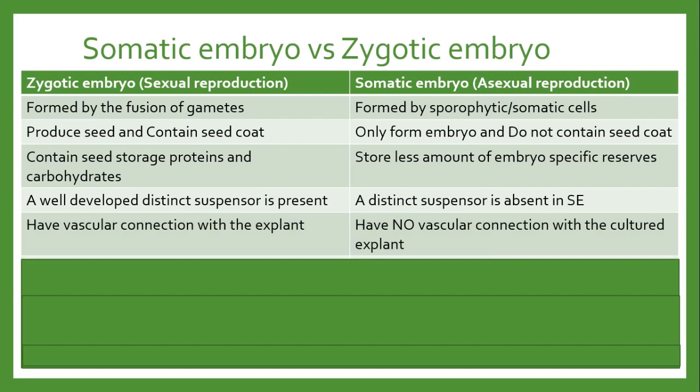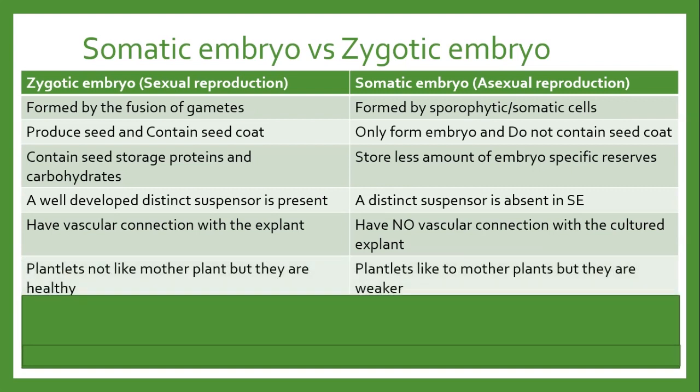Zygotic embryos will have the vascular connection with the explant, whereas somatic embryos have no vascular connection with the culture explant. The plantlets raised by the zygotic embryo will not be like the mother plant, but they are healthy. However, for somatic embryos, the plantlets will be similar to the mother plant, but they are weaker.